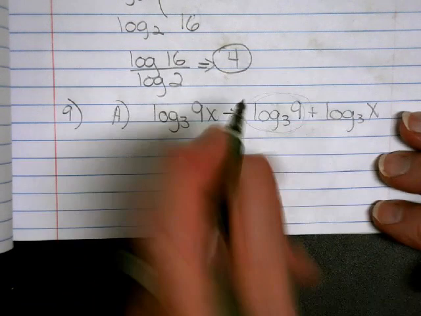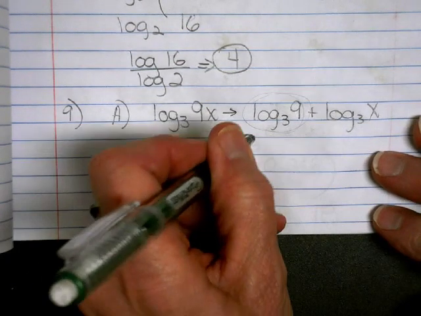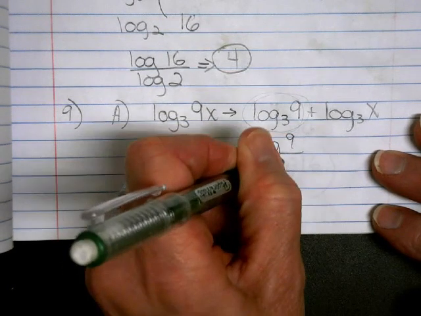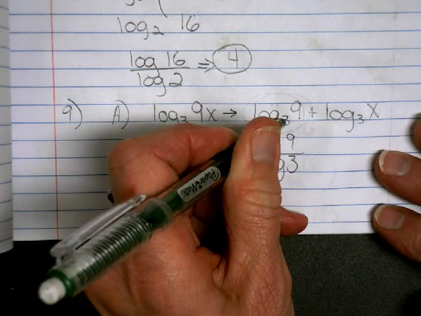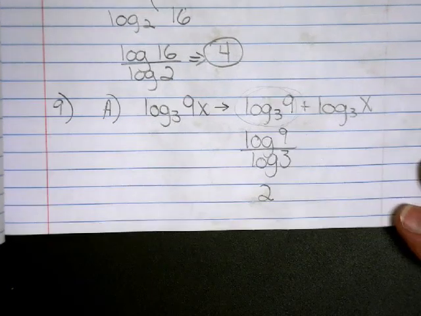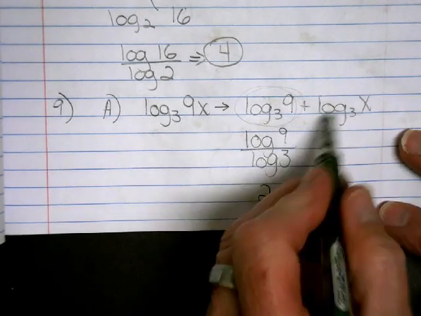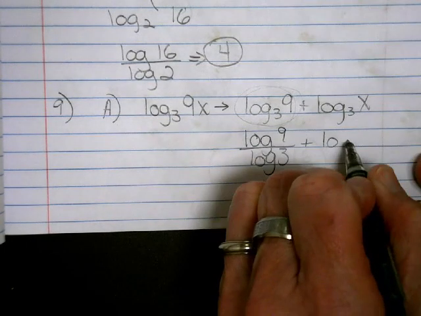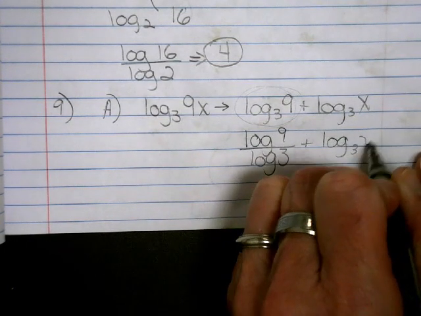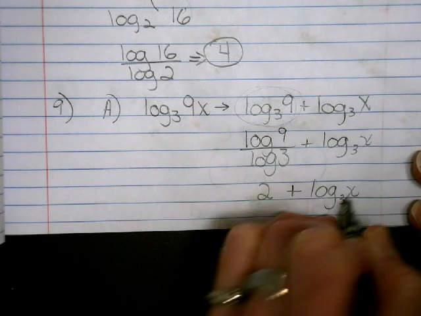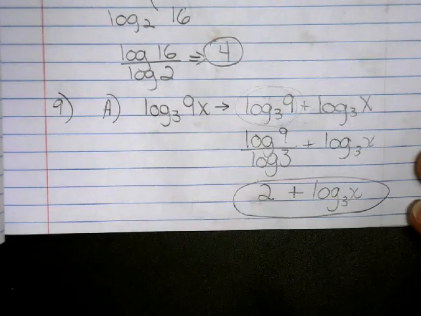So now I can calculate, because this is all numbers, I can find a value, the log of 9 over the log of 3. How many factors of 3 make 9? Obviously, it's 2. And then I can't simplify the log base 3 of x anymore because x is unknown.